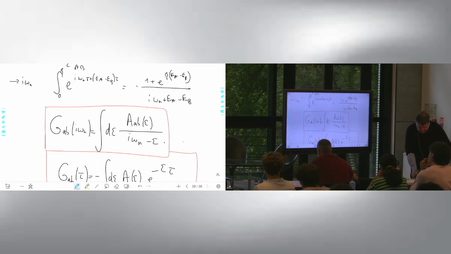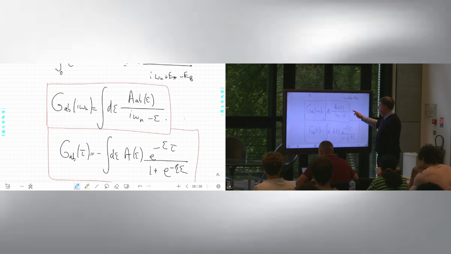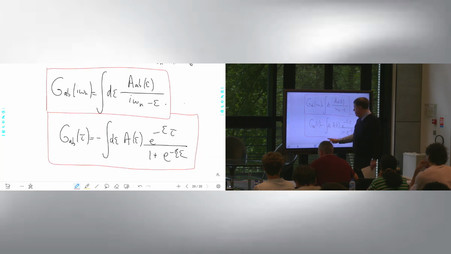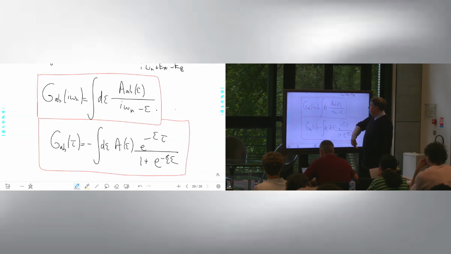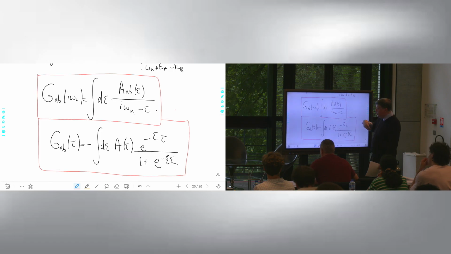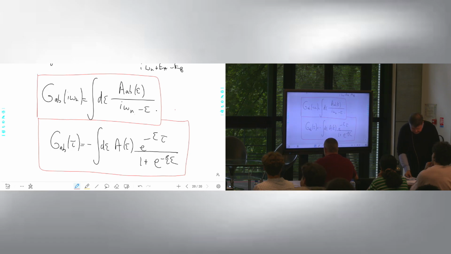So the immediate consequence of that is the fact that we have a way to go, at least formally, from the Matsubara, which we can compute, to the A of omega, which we would like to have in the calculation, and that is analytical continuation.